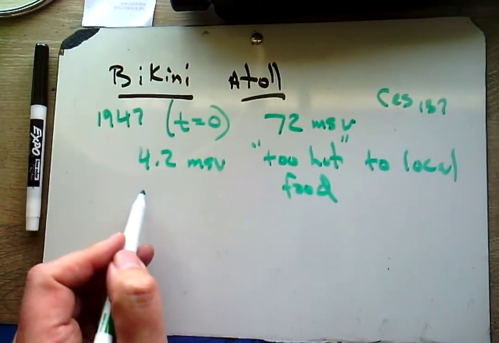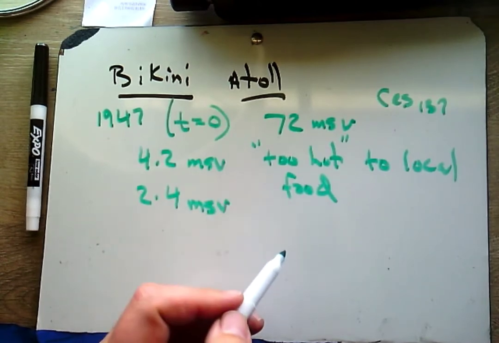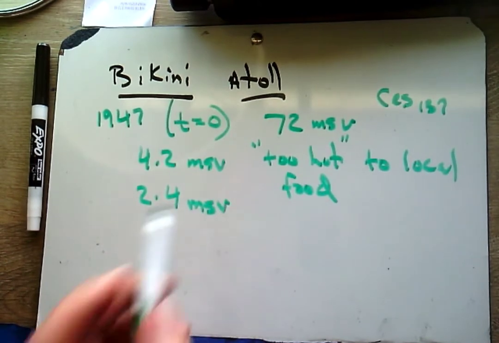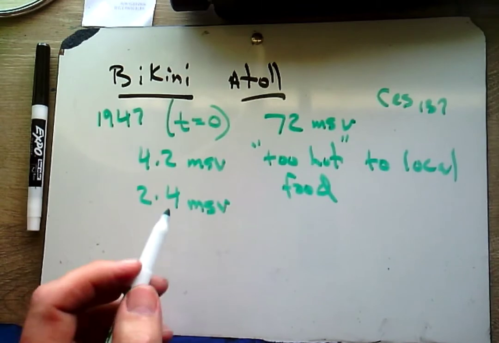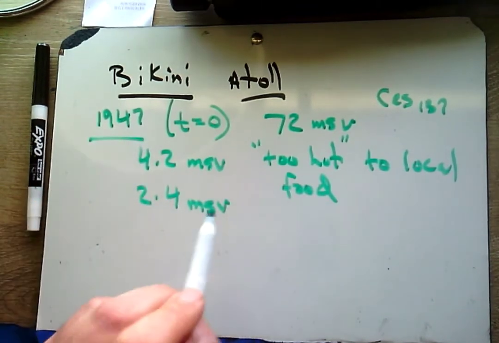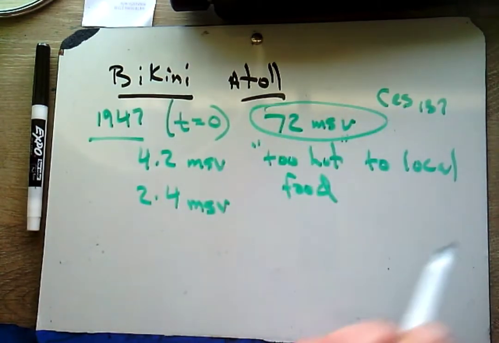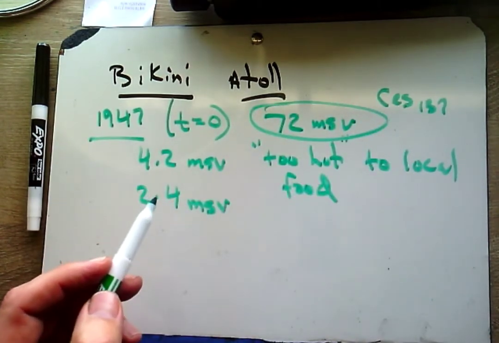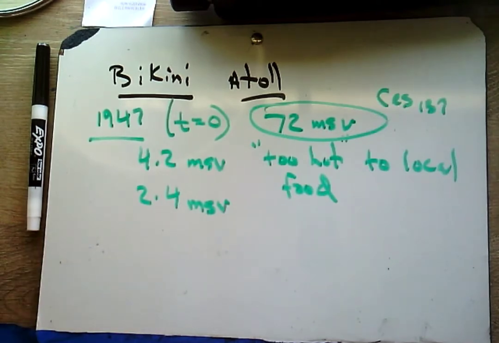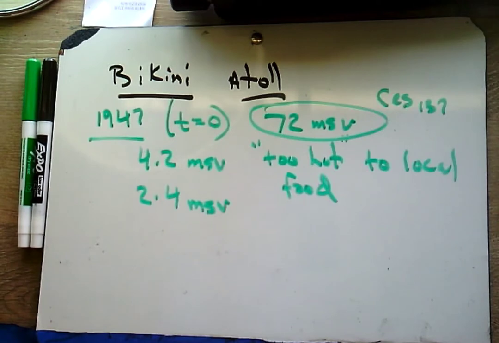And that really you wanted to get down to at least 2.4 millisieverts in order to feel comfortable and safe about living in that place. And what was it in 1947? Yeah, so it's pretty hot there right now. And so the Bikinites didn't get to go home then.